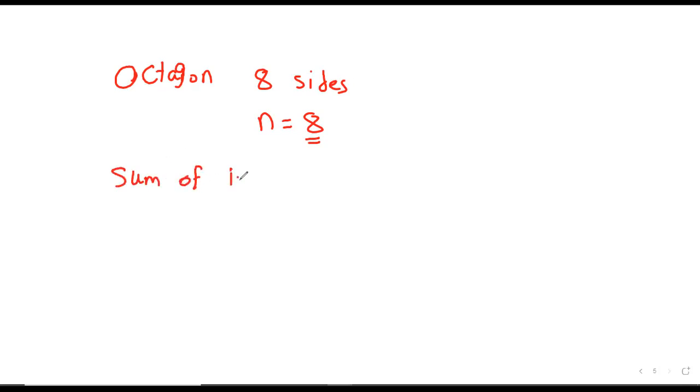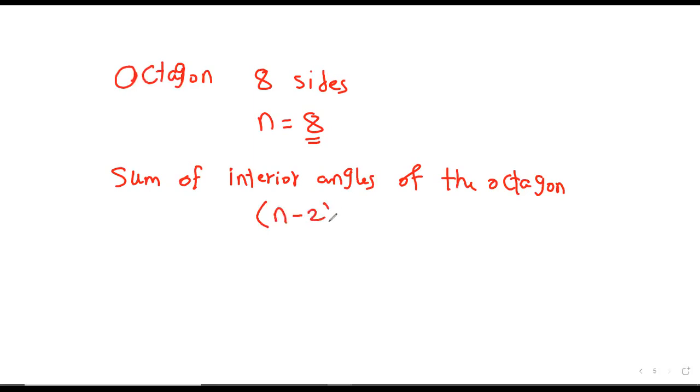So the sum of interior angles of the octagon will be n minus 2. What is n minus 2? n minus 2 is the number of triangles, multiplied by what? 180. What is the 180?